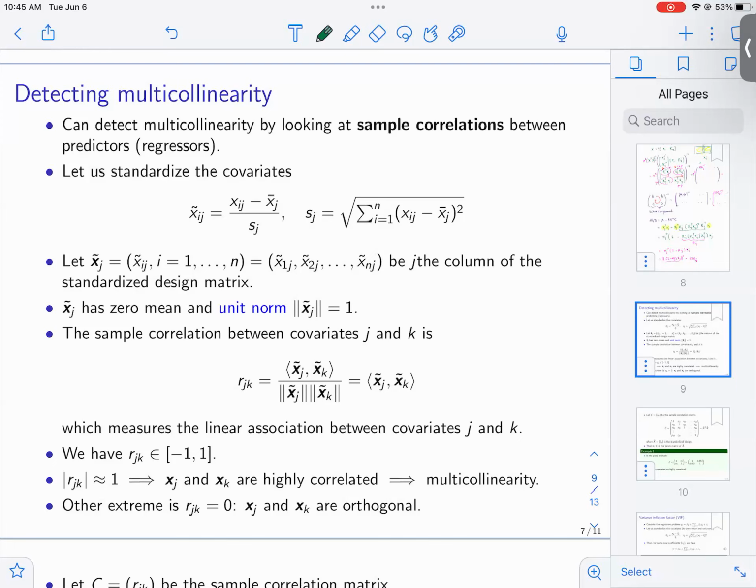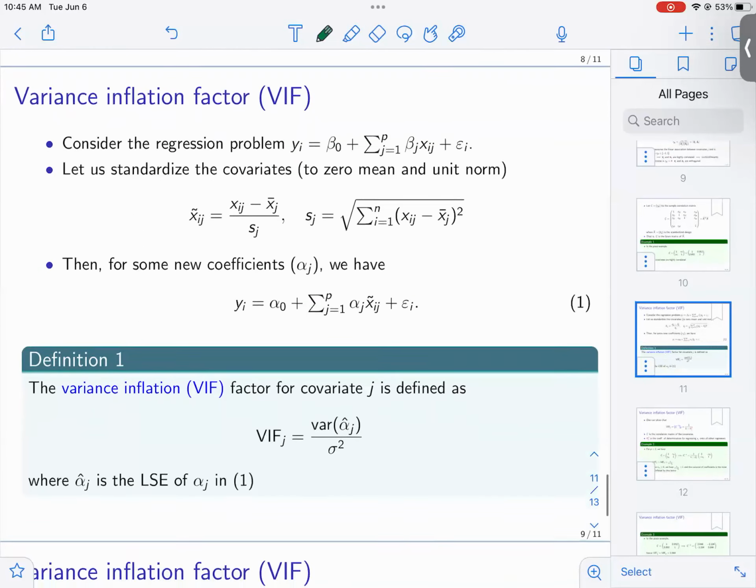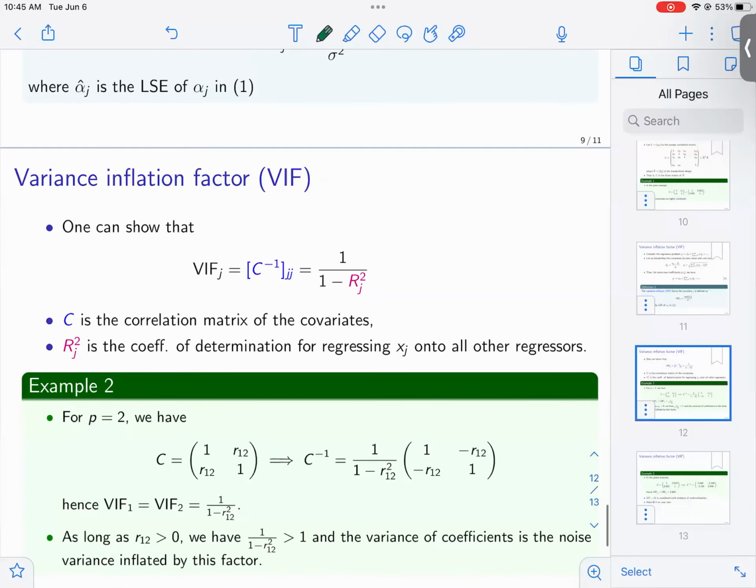I'll let you read this for yourself, but in the end you get a sample correlation coefficient matrix, where each entry is the sample correlation coefficient between two of the covariates. And when you invert this matrix, the diagonal entries would be these variance inflation factors. So another way of writing VIF, the variance inflation factor, is 1 over 1 minus Rj squared, and it turns out to also be the jth diagonal element of the C inverse. This one you can also prove.